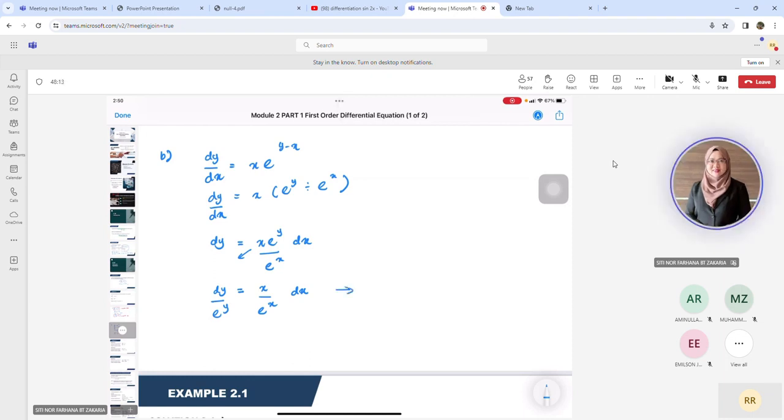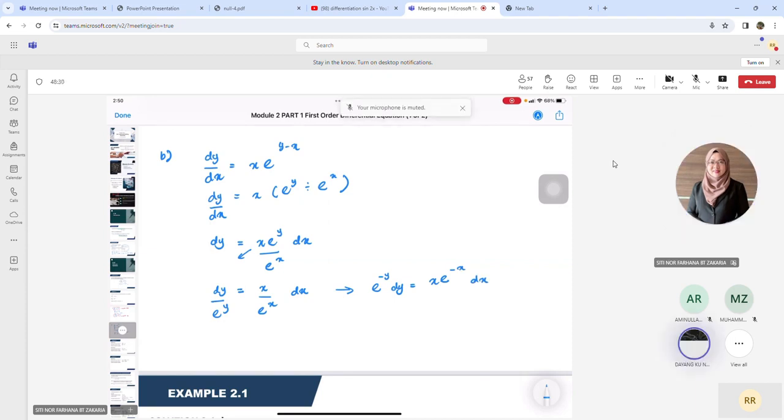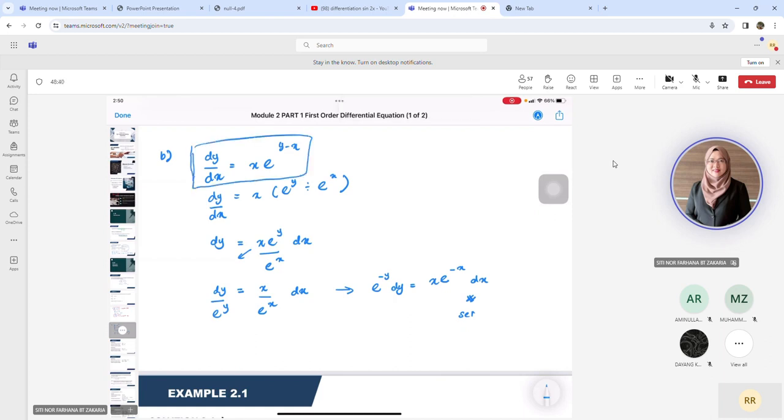You can rewrite it as exponential negative y dy equals to x exponential negative x dx. So this is separable or not? Separable. Okay, good. So you can find the solution of this differential equation by using separable method. Okay, clear?